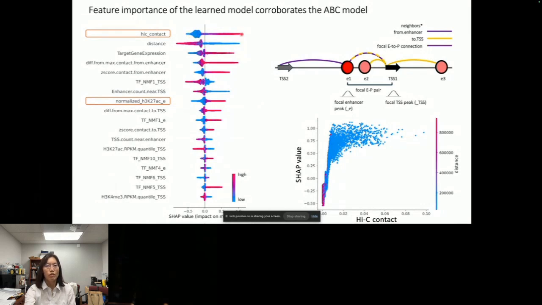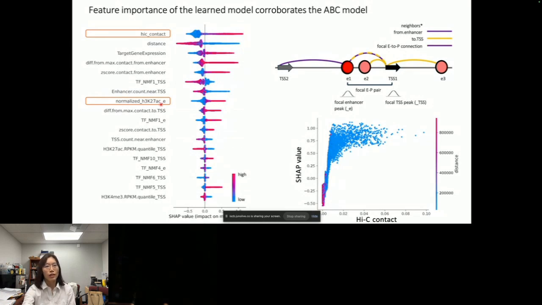The red being on the right side of the graph means that high feature value predicts positive EP pairs. So this means that high contact is going to predict a positive enhancer-promoter relationship.